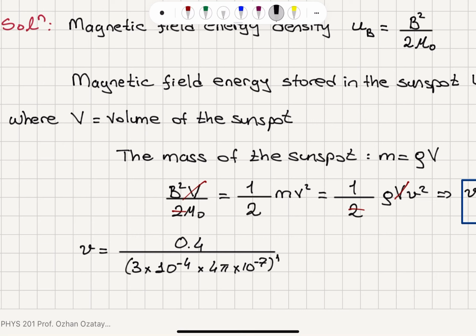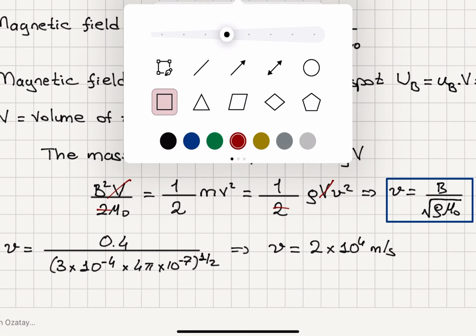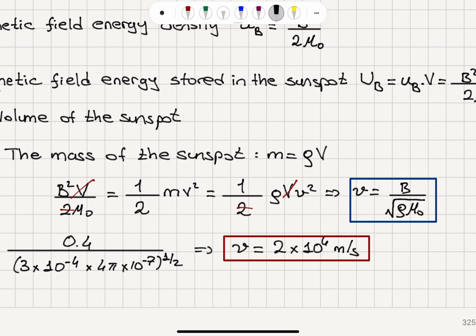So we take the square root of the denominator and we will obtain a speed v equal to 2 times 10 to 4 meters per second, roughly. And how about the escape speed from the sun?